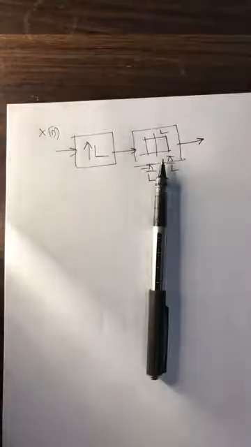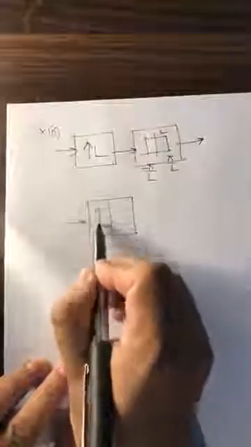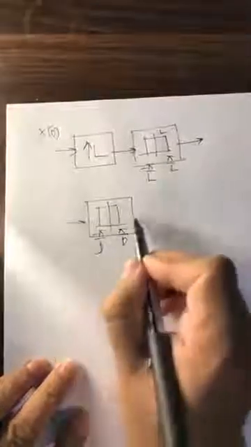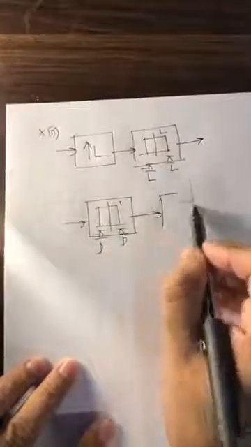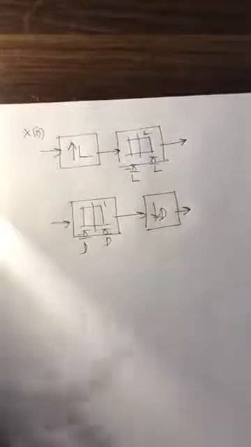So this is interpolation. Decimation and interpolation are two operations. In decimation, first you pass it through a filter, and then you throw away samples.